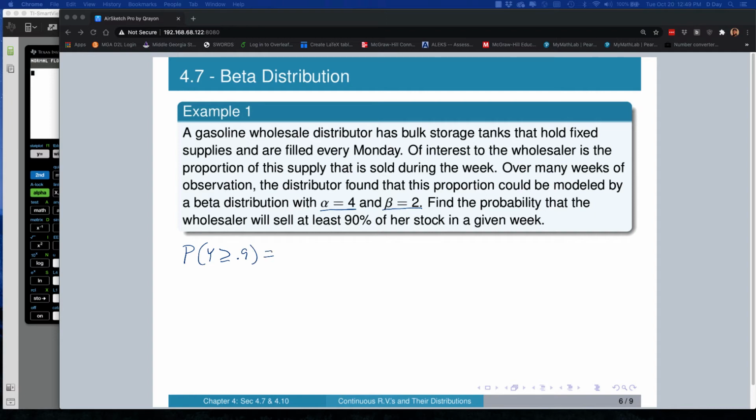All right. Well, that requires us to use the integral, and we're going to go from 0.9. Remember, this distribution stops at 1, so we can't go any higher than 1, so it's from 0.9 to 1.